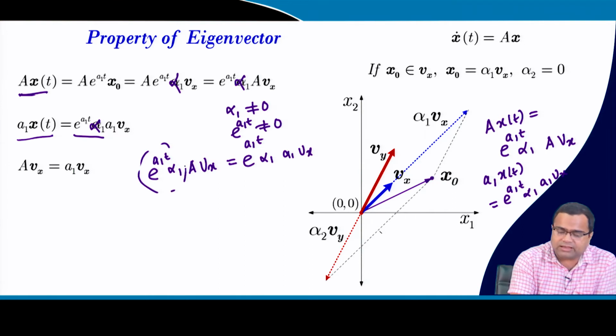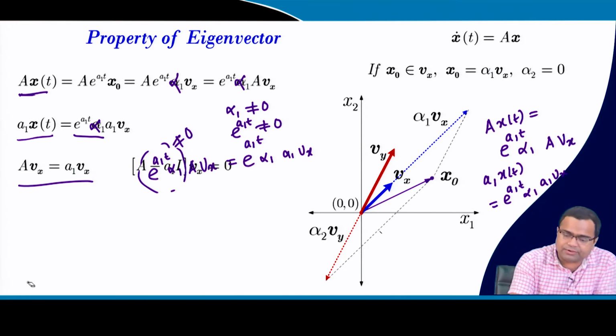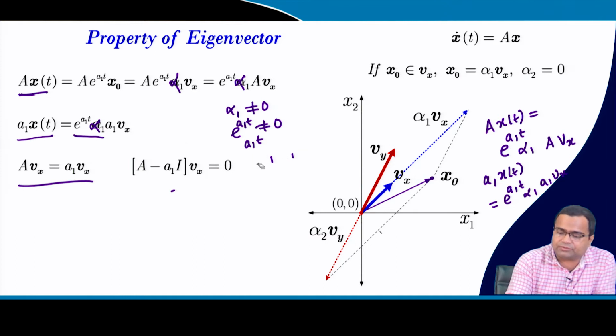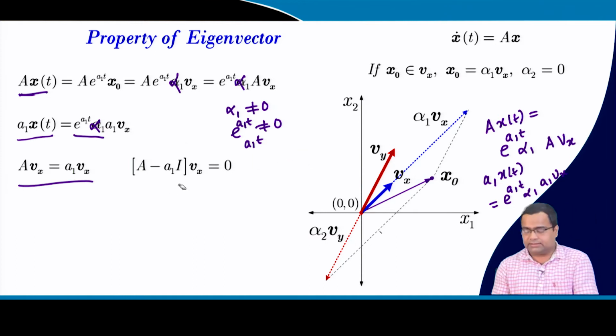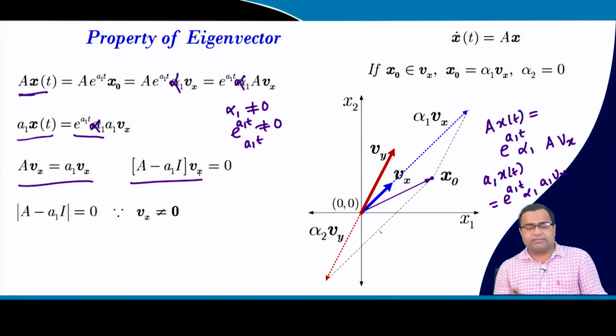Since this term is not equal to 0, we will get this term. And we can rearrange this to get this, and this is exactly what we generally write to get the eigenvalues and eigenvectors.